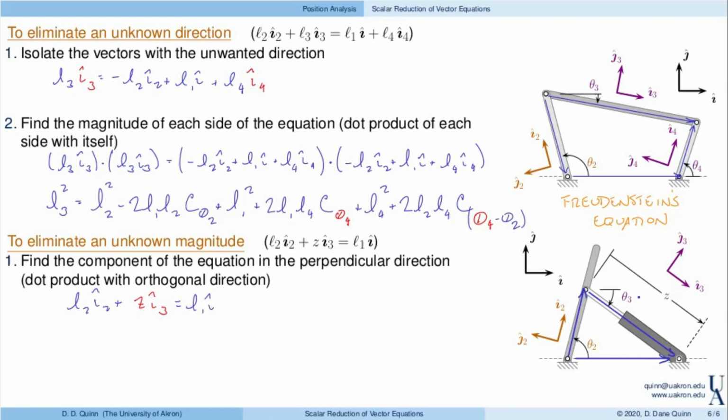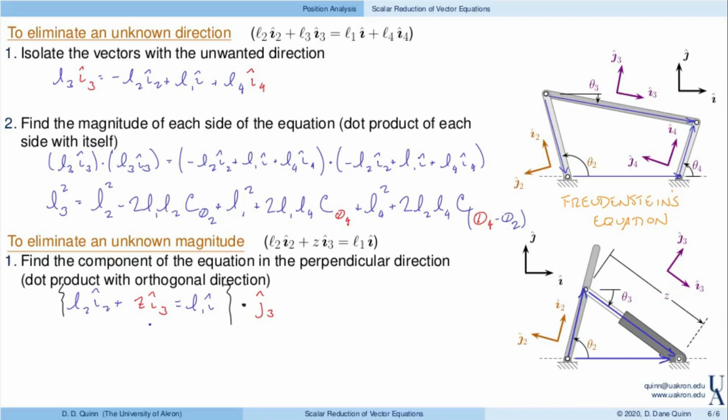Maybe I'm trying to solve for this angle theta 3. So I take a component of the equation in a perpendicular direction. In this case, I would dot this equation with J3, perpendicular. Now, you might say, oh, but that's no good because it eliminates the theta 3 term here. That is true, but since this term that I'm dotting with depends on theta 3, it actually gets reintroduced into these two pieces.